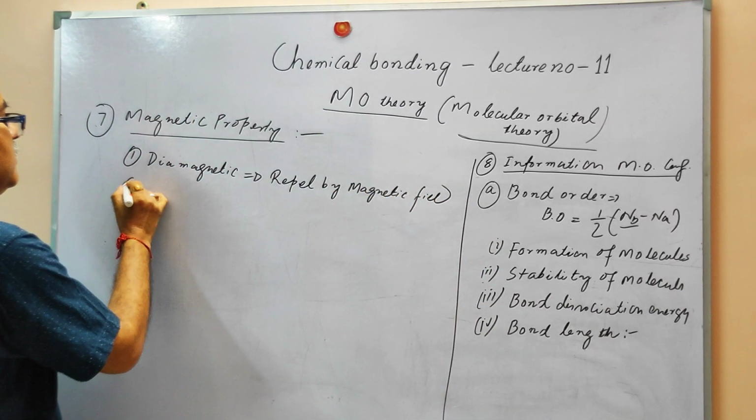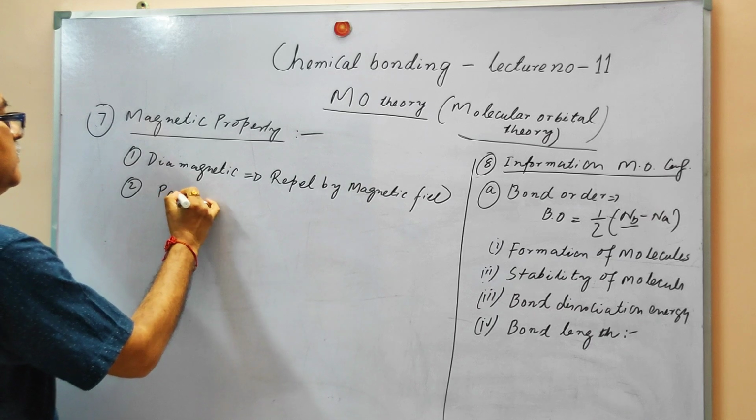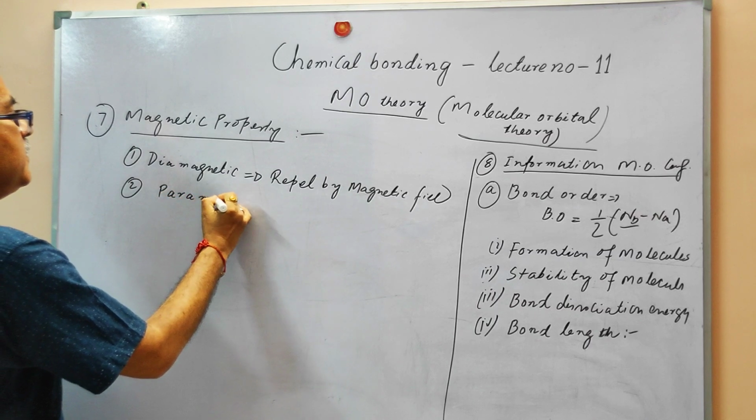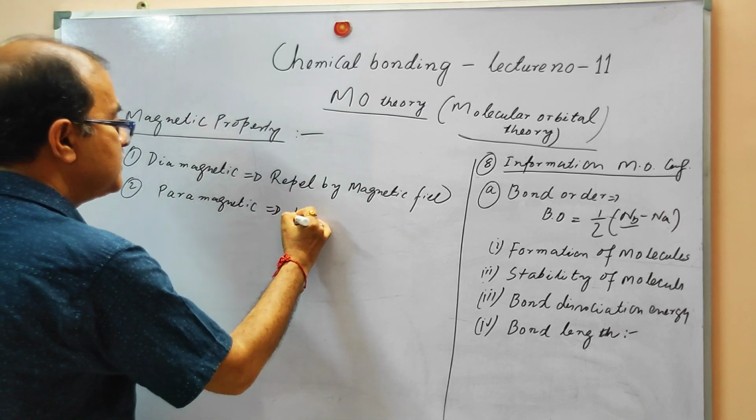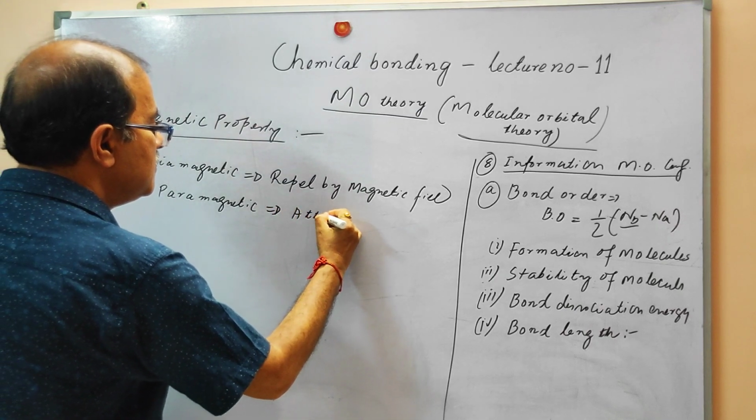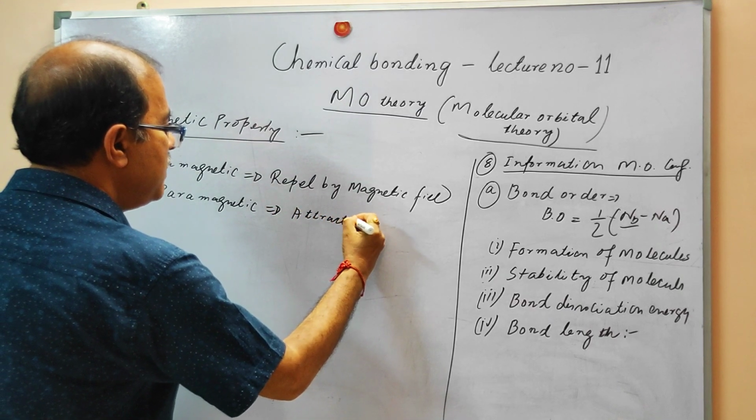And second is paramagnetic, which is the attraction by the magnetic field.